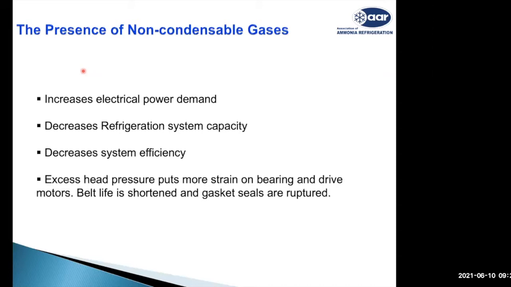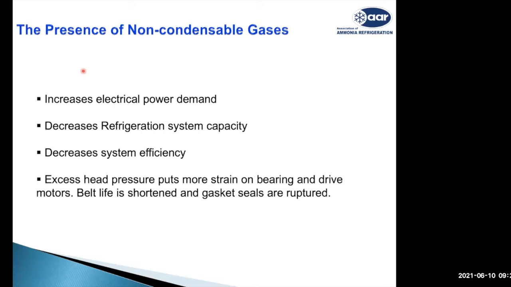During this complete operating range, air or other non-condensable gases do not condense or evaporate, so they do not give any heat transfer to the refrigeration system. Remember, our requirement of a refrigeration plant is to have heat transfer. That is the main reason for having a refrigeration plant.